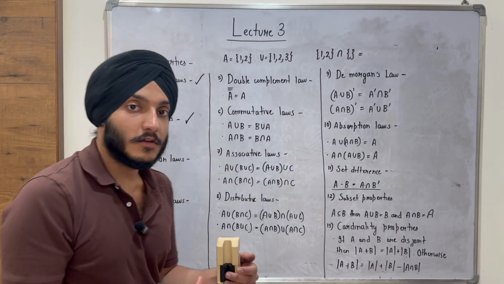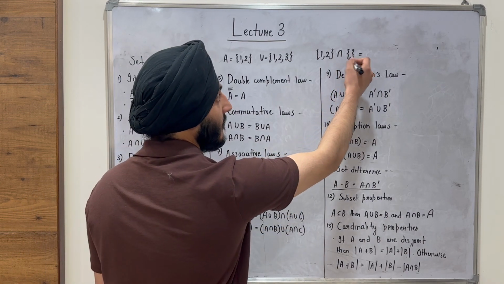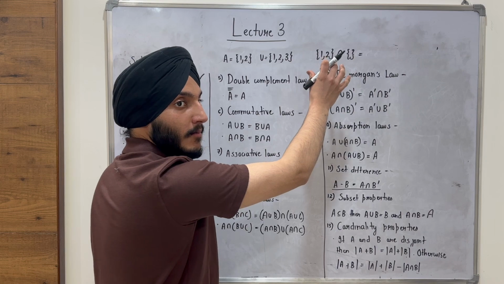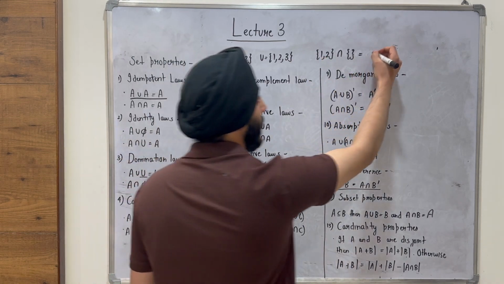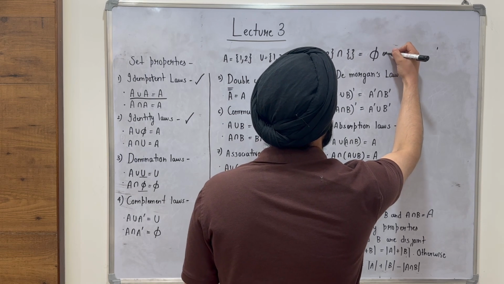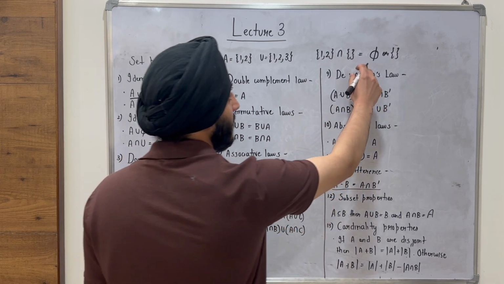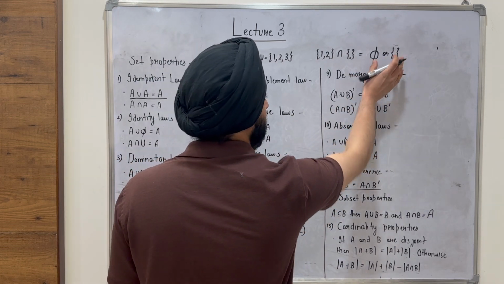Intersection basically means the common elements which are in both of them. The empty set does not have any elements, so what's common in both of them is absolutely nothing. So it's going to be the empty set once again, or I can say this empty set. Just try to understand that these are both representations for the empty set.